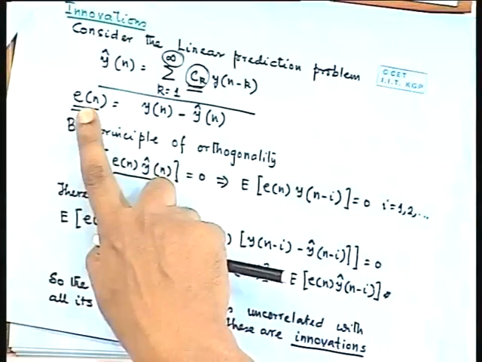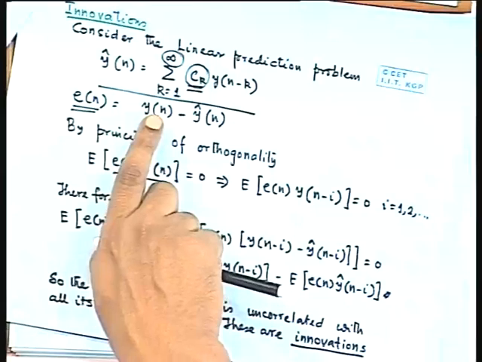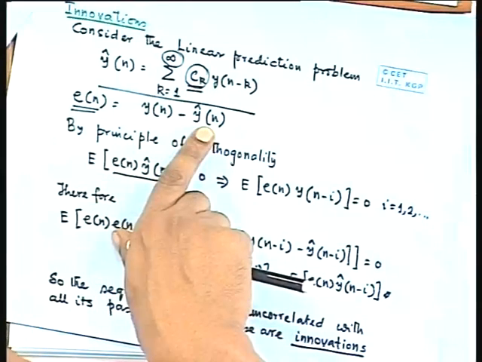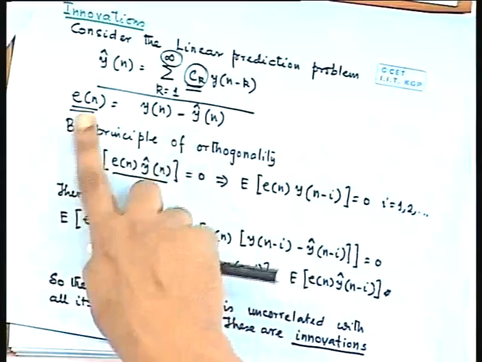All the information from y0 to yn minus 1 has been extracted into y hat n, but then yn will have some new information. So this error represents that new information which is in yn but cannot be deduced from the past values of yn. So it's new information. So it's an innovation.